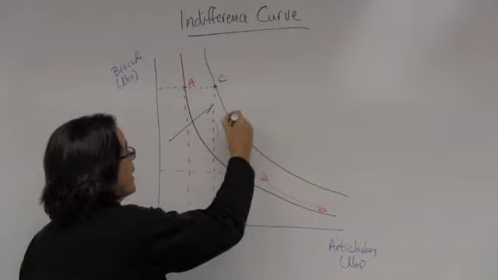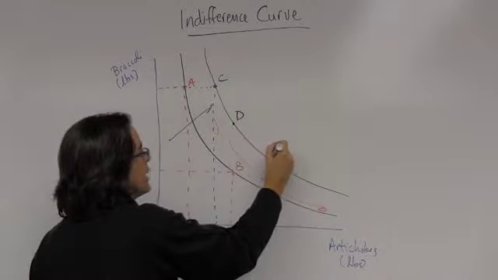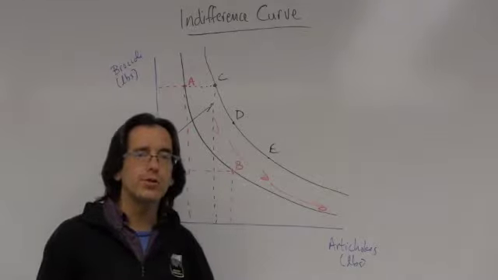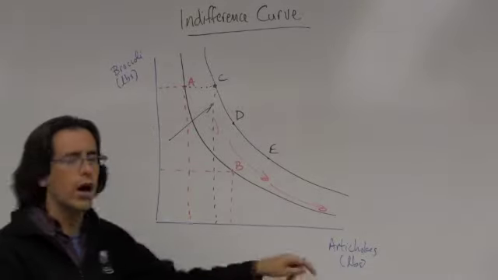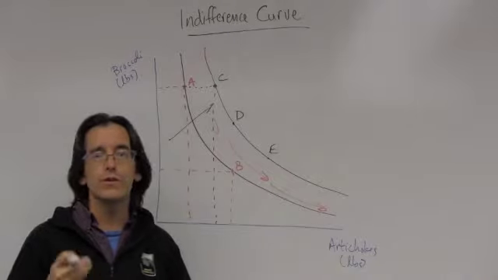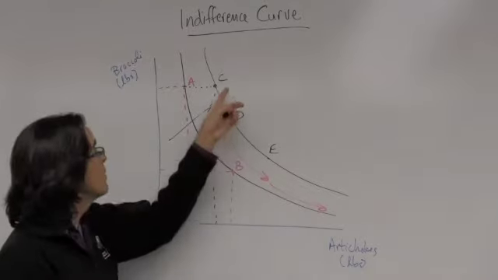Okay? So again, we could map out D, point E. Because C, D, and E, because those combinations of broccoli and artichokes lie on the same indifference curve, we feel exactly the same about those combinations. We are indifferent to them.